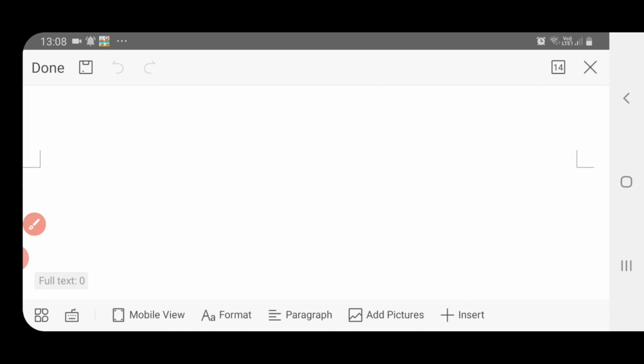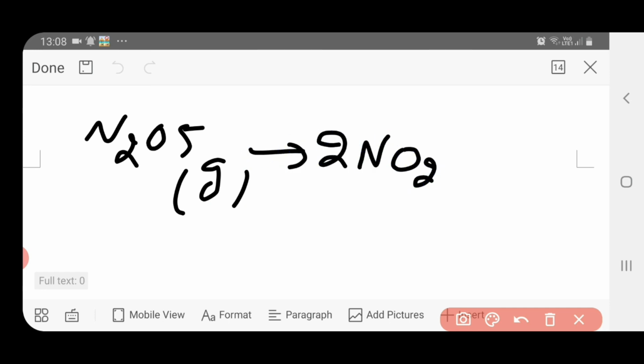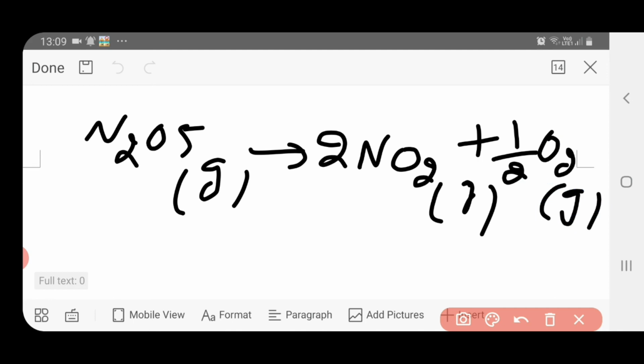Students, I'll give you some examples of how the question comes in the exam. They can give you equations this way in the exam. Suppose this equation is given to you: N2O5 in gaseous state, arrow 2NO2 in gaseous state plus 1 by 2 O2 in gaseous state.